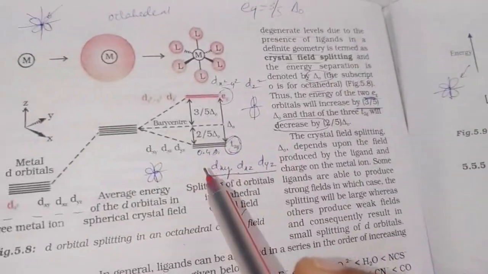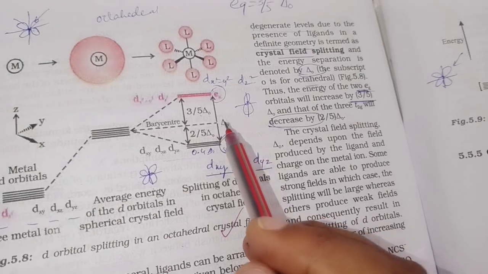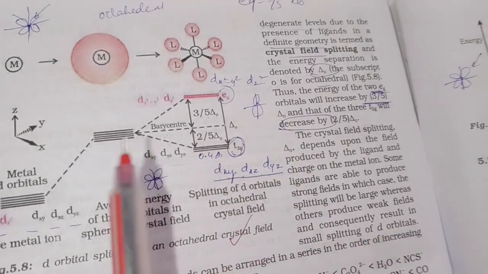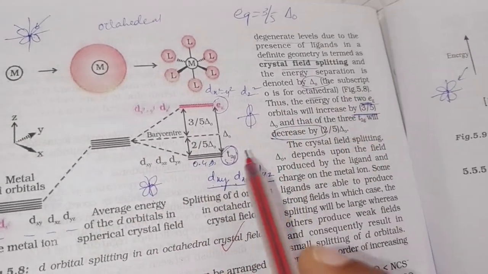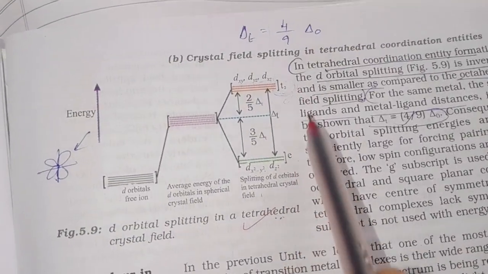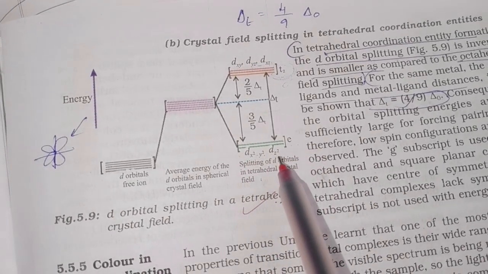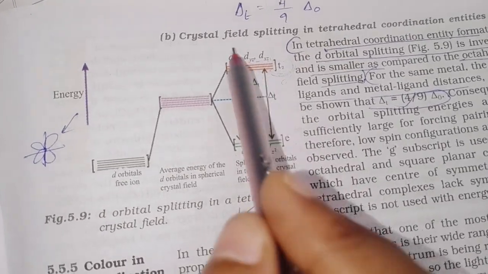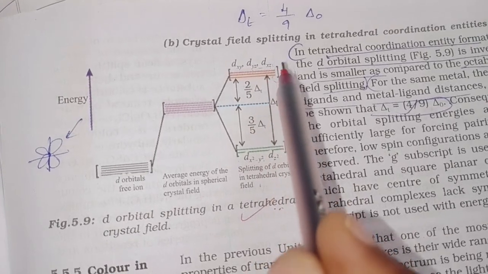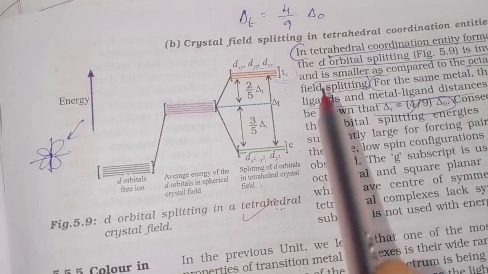We use g only for octahedral because of its symmetry, and also for square planar. Square planar is not in your syllabus, don't worry. We use T2g for octahedral. Here we use only T2 and E. E is always dx square minus y square and dz square. Why does it happen? The ligands come in between the axis. So T2 will go up and E will come down.